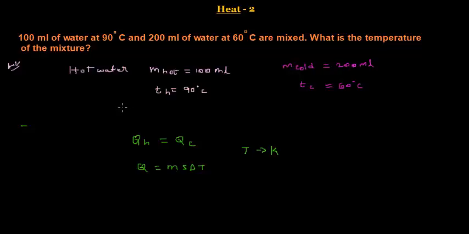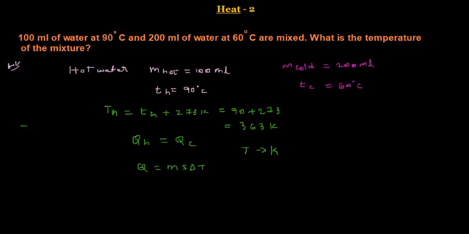Therefore, I will be writing capital T hot is equal to small t hot plus 273 Kelvin. So, I will be getting 90 plus 273 which is equal to 363 Kelvin.